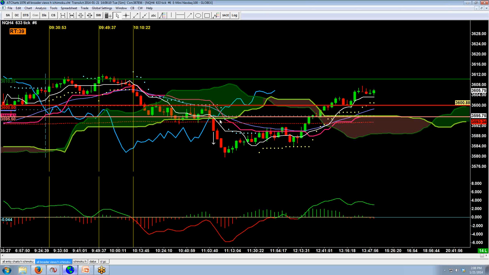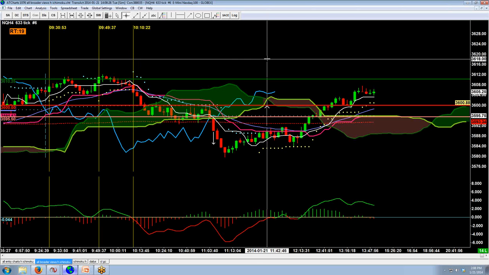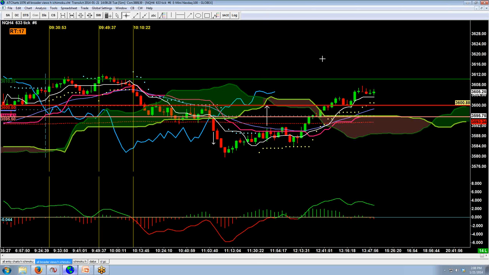So you would be looking at that as the general area as your target if you were to get a close above these super trend dots. So here we don't get closed above, here we don't get closed above, here we get closed above, right above this bar here, and that is at 11:42, and that's of course if you're trading at that time. But on the next bar it never triggers above the high there, so pretty much nothing to really do there at that point. Then you would no longer be interested in it.